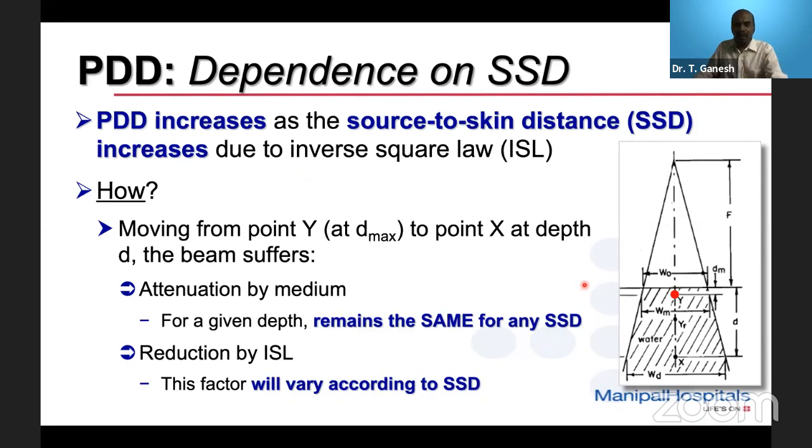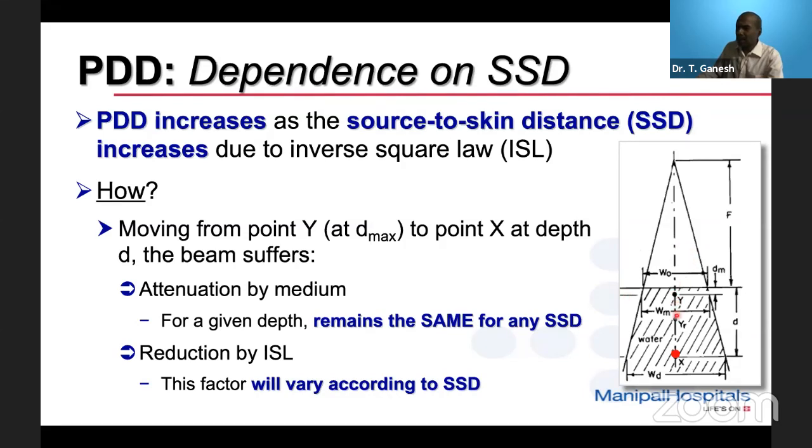You see, moving from this maximum dose to this point of interest, what happens to the beam? The beam suffers two things. One is attenuation by the medium. You see here, this depth is going to attenuate the beam. But for a given depth, this attenuation will remain the same for any SSD, whether SSD is small or large.